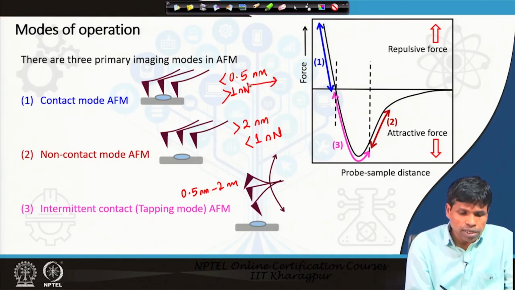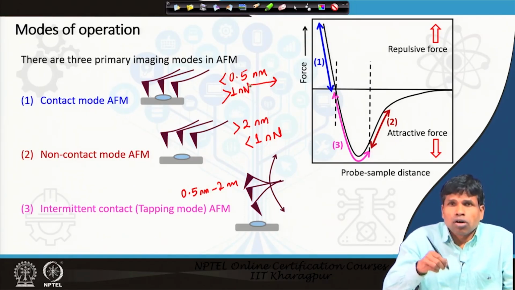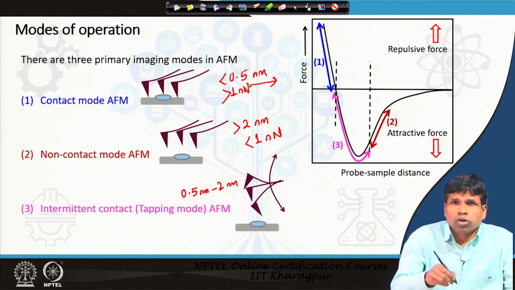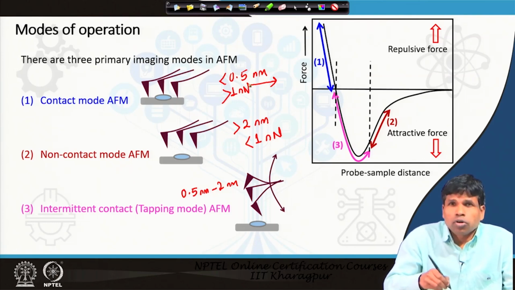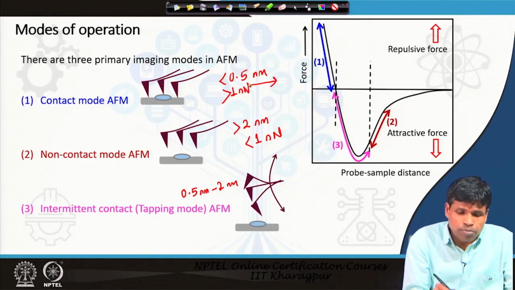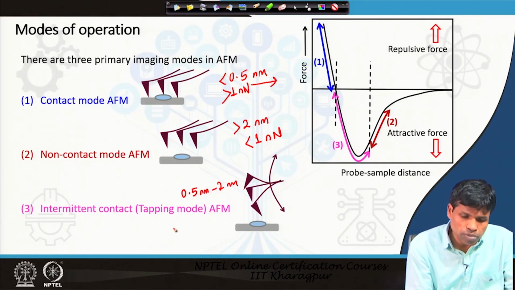In the intermittent contact mode, the tip comes periodically and touches the sample. So, it takes advantage of both contact mode and non-contact mode, thereby not damaging the surface, and here also the force will be much smaller, less than 1 nanonewton.